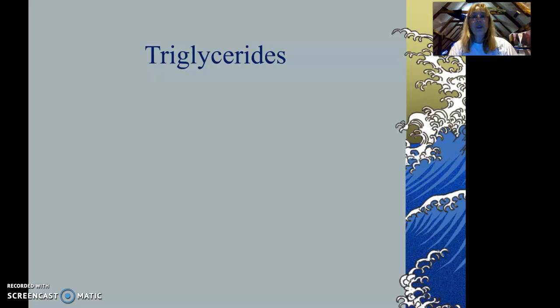Okay, now let's start off by looking at triglycerides. The tri is the bit of the clue. There's something 3 in this, and I want you to picture a capital letter E with its backbone and the 3 lines going down, because that is what a triglyceride molecule looks like. So what is it made up of?